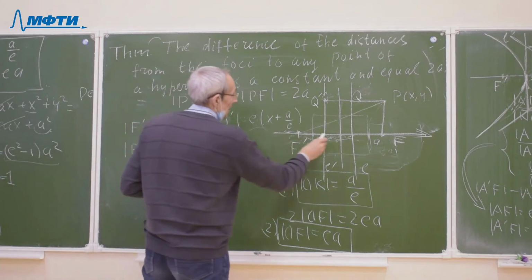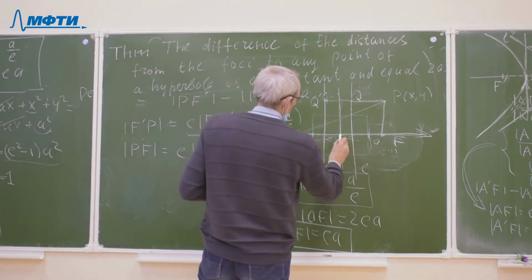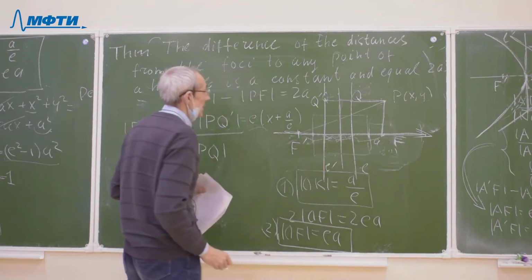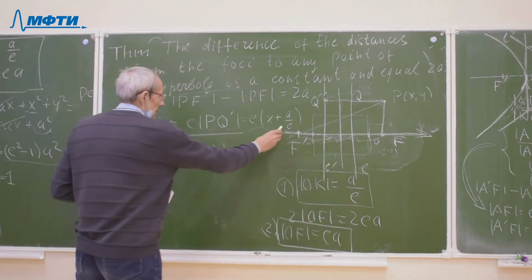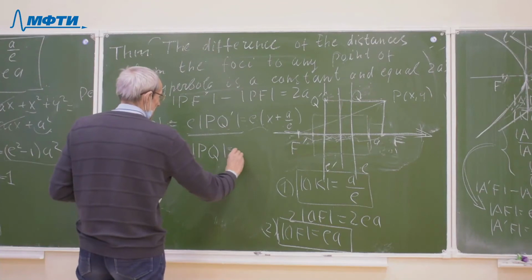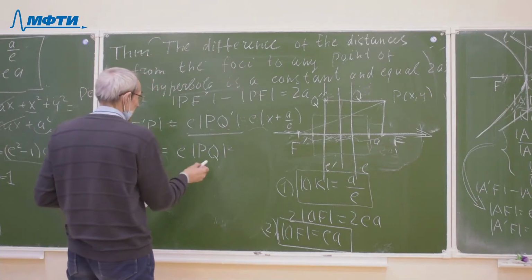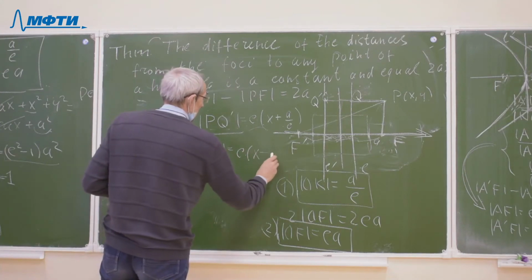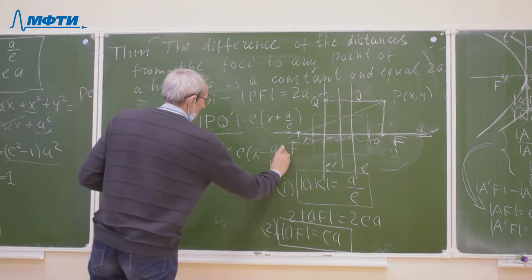PQ prime is equal to x plus this distance, which is the ratio A over E. In the same way we obtain that the product E times PQ is equal to E x minus A over E.